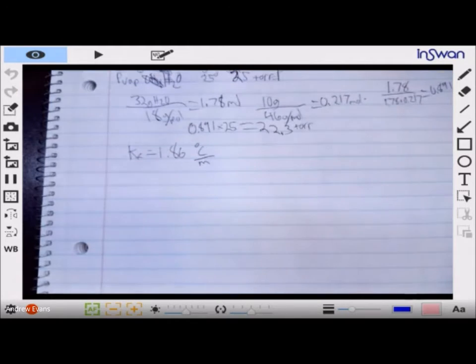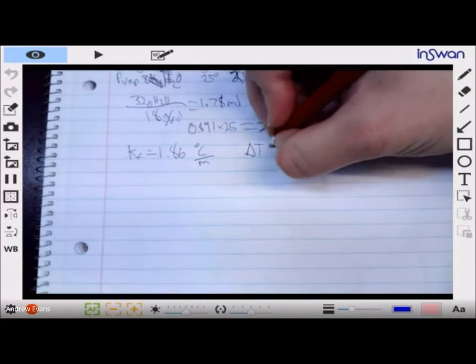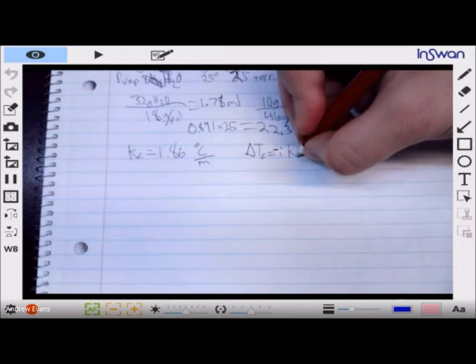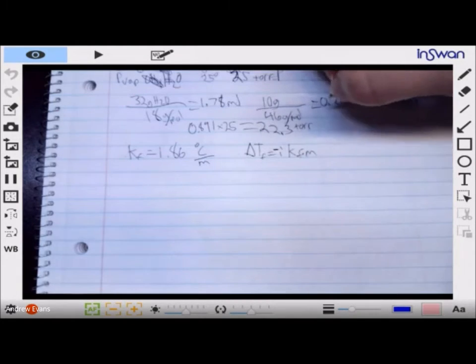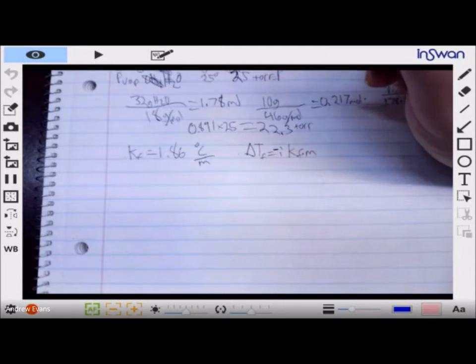Now the i, remember our i in our equation, was how many ions does the solute break up into? So if, for example, it's a covalently bonded structure, it's not going to break up into any ions.